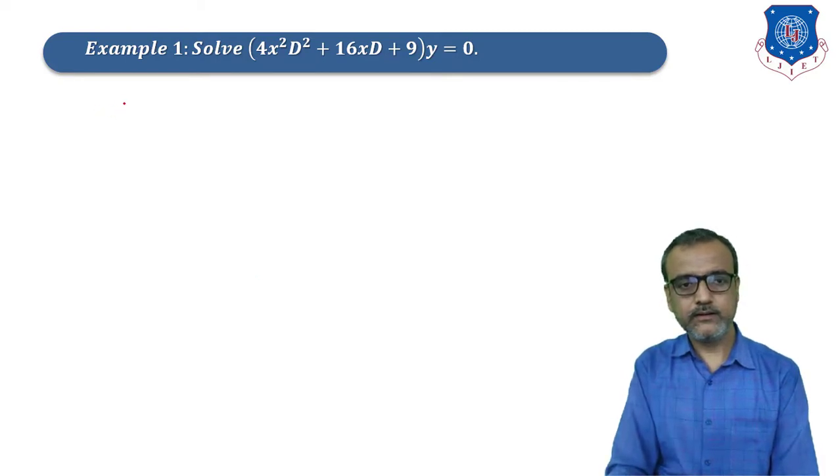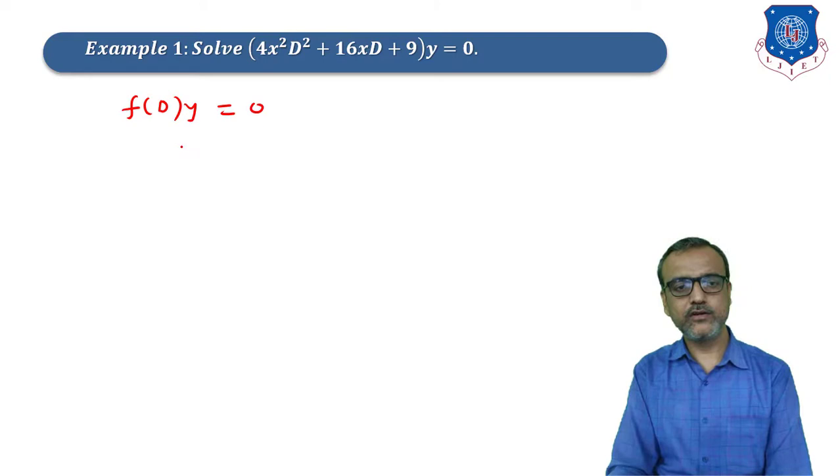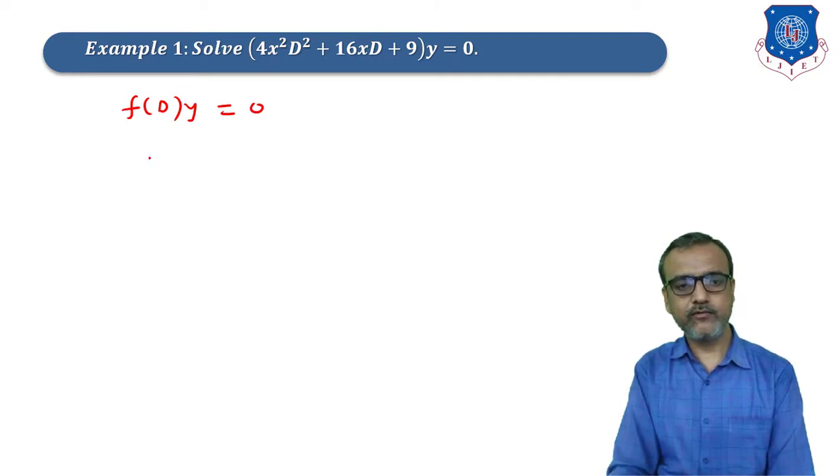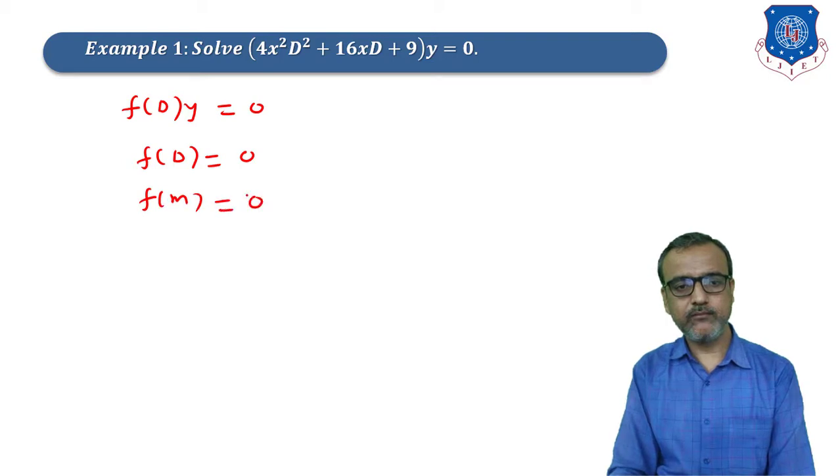Here this differential equation is of the form f of D y equals 0, and its solution is given by taking f of D equals 0. So f of D equals 0, and replacing D by m, we have f of m equals 0.